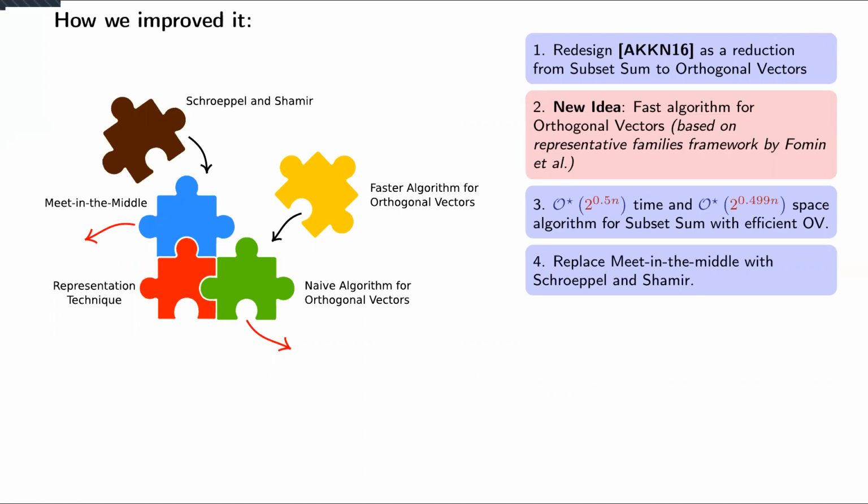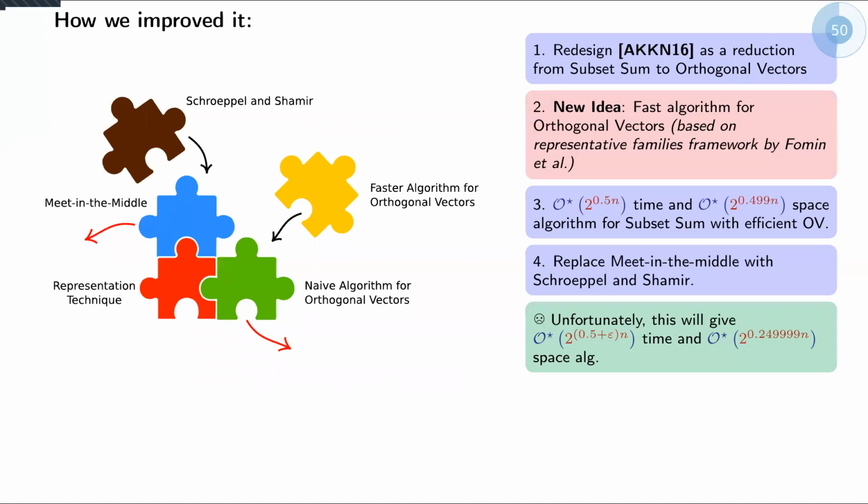It is the intuitive next step, but unfortunately, if you do that, you would have a little worse running time complexity. It will still beat the known trade-offs between time and space complexity, but this is not what we are aiming at.